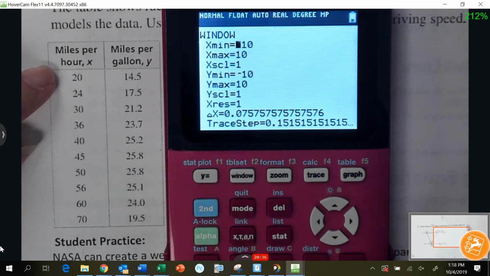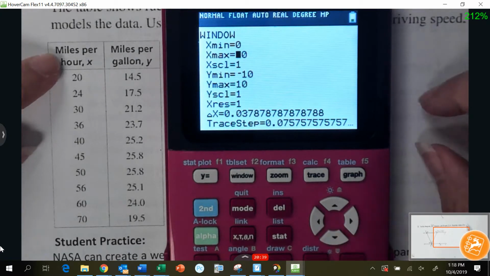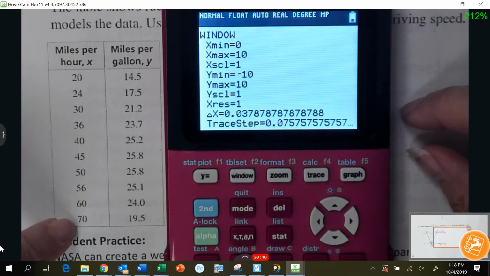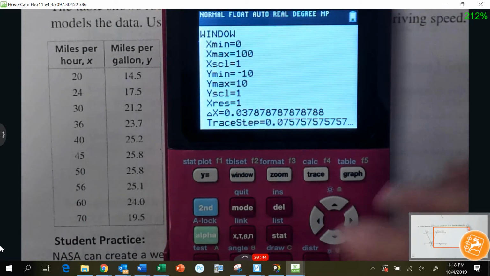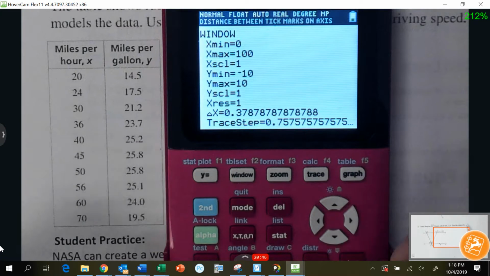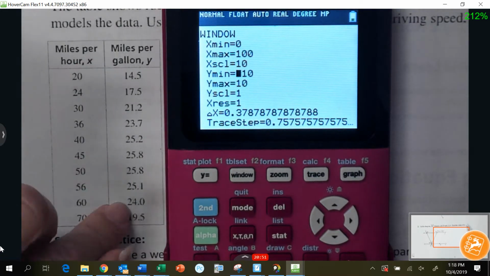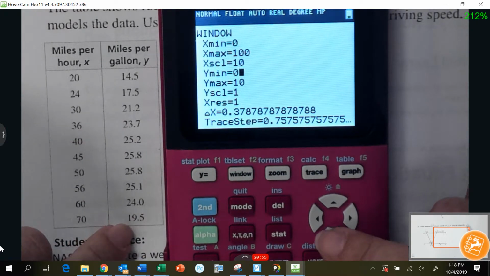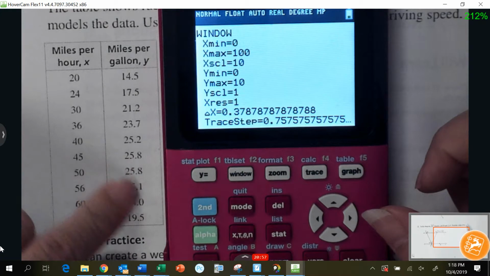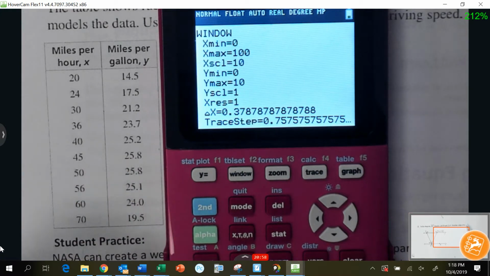So I'll just make my x's go from 0 to 100, and I'll count by that. My y values, there's no negatives, so I'll start at 0. And it looks like the highest my y's go is in the 20s, so I'll just go to 30. And we'll make the scale 3.